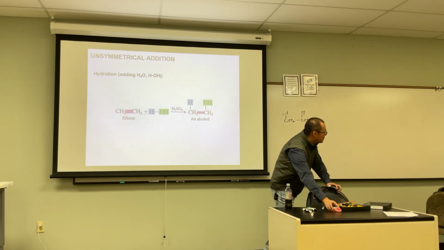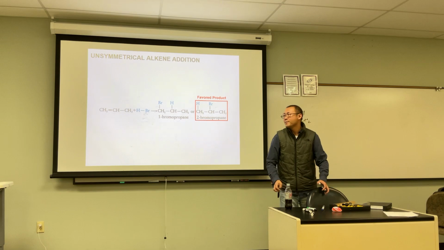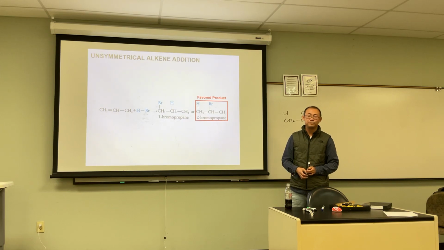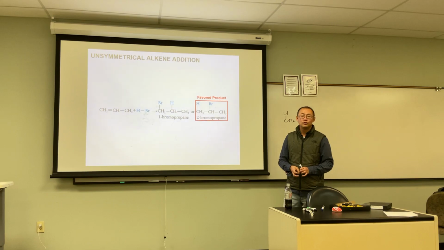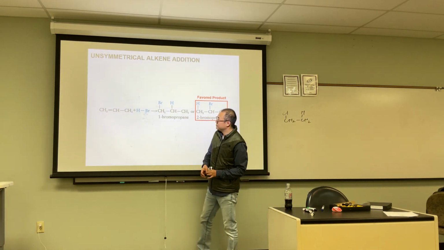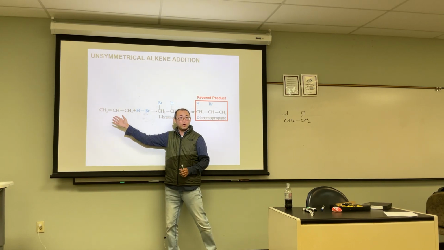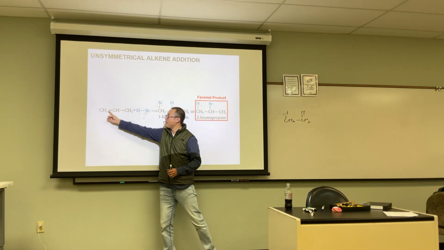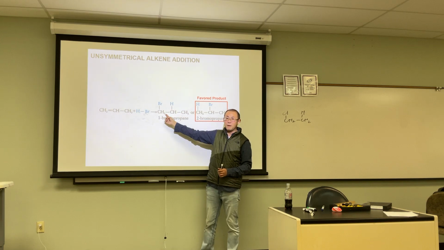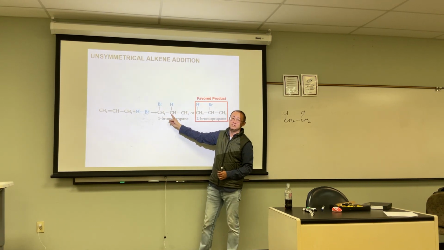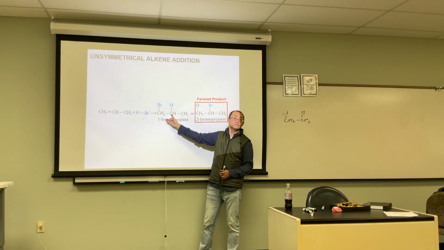Now, there is a case in which you end up with different molecules. For example, adding HBr to propene. This is propene, three carbons. The same thing happens: the double bond becomes a single bond. Bromine is added here, hydrogen added here.